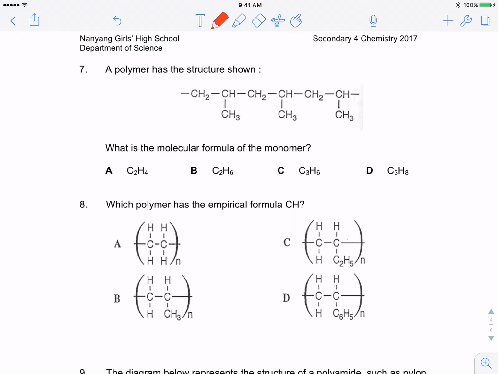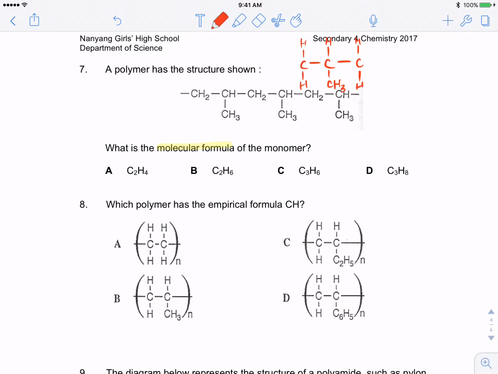Question 7. A polymer has the structure shown below. What is the molecular formula? Okay, so in this case, what is the polymer? What is the repeating unit? I think if it's drawn in this form, it's a bit hard for you to see. So maybe you want to draw it out. C with two hydrogens, connected to a C, connected to a hydrogen, connected to a CH3.